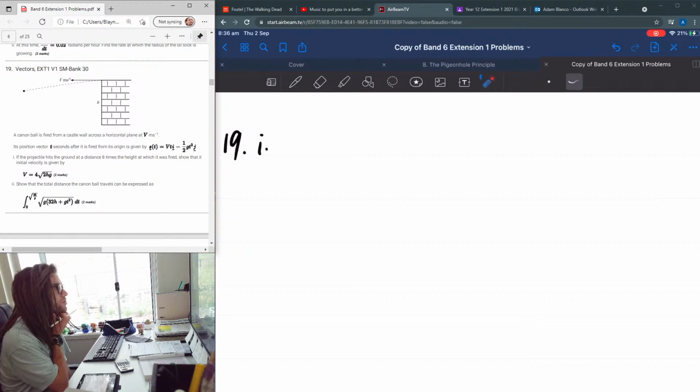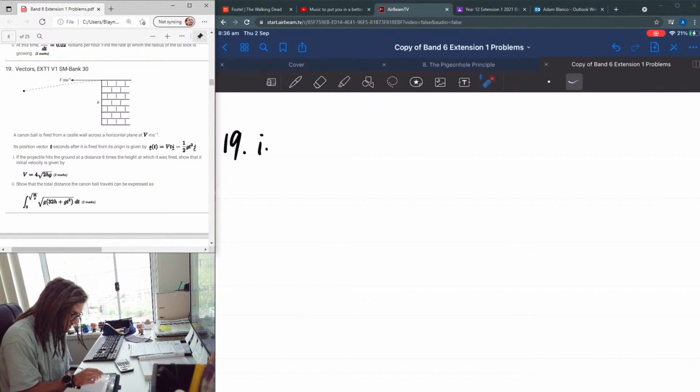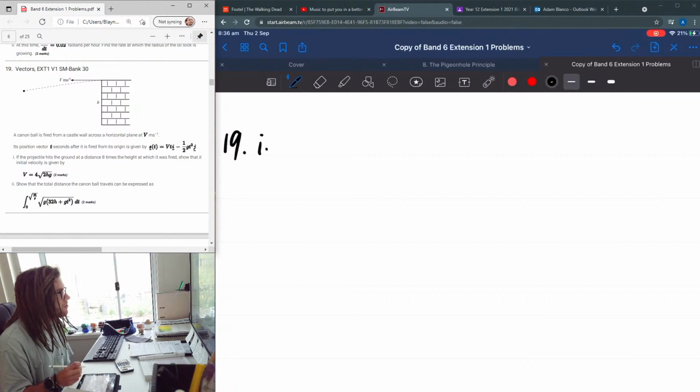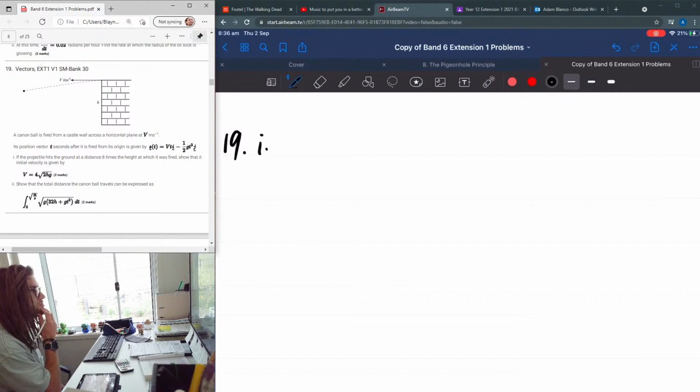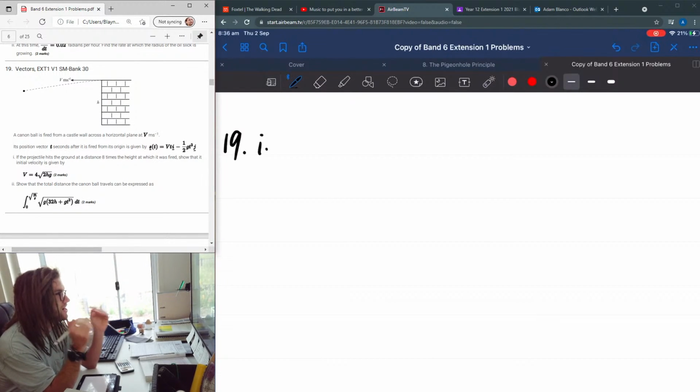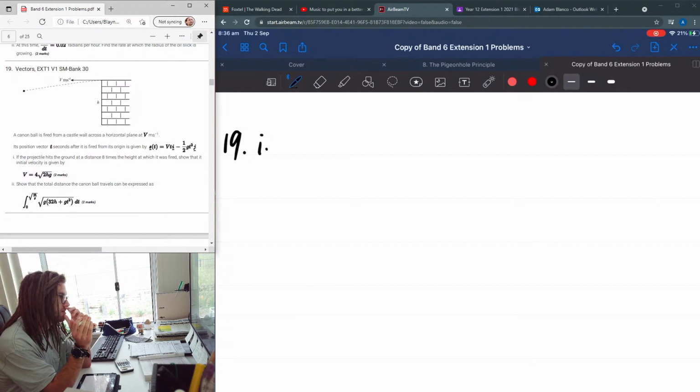We want to find out when the projectile hits the ground. So that's the time of flight, how long it's in the air for. But it's a little bit confusing because your origin is like in the air, and then you start off going below the origin.